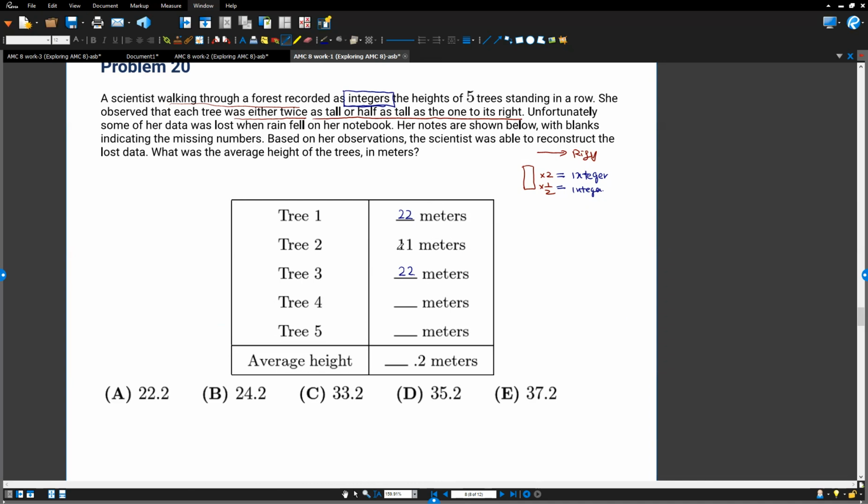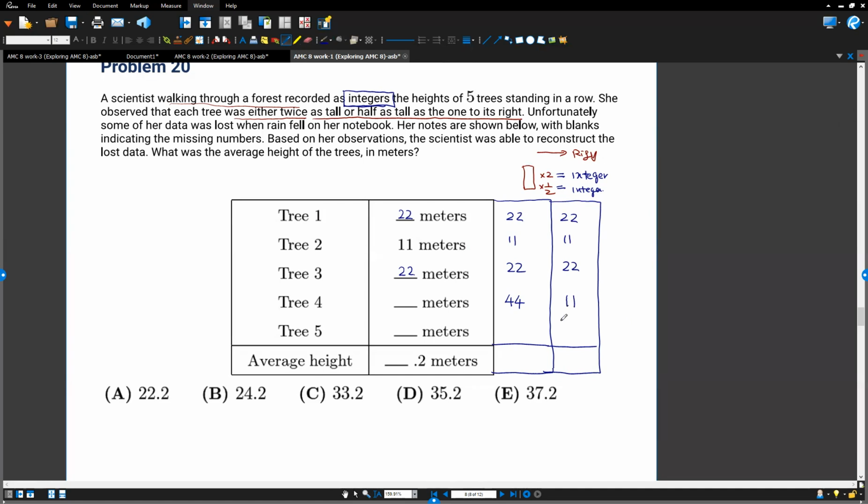Now take a look at the next numbers over here. The next number divided by 2, oh, both work, so we're going to make one more. Still 22, 11, 22. The next number can be 44, or 22 times 1/2, which is 11, also an integer.